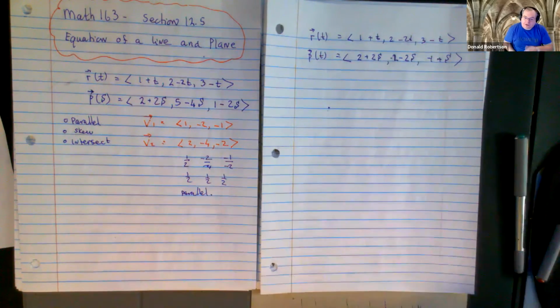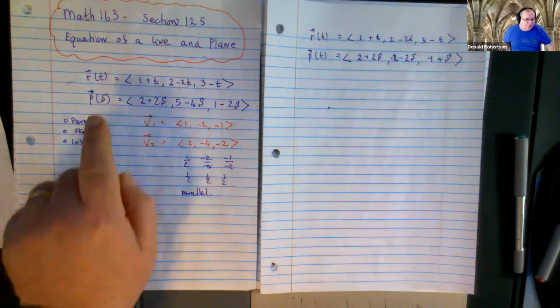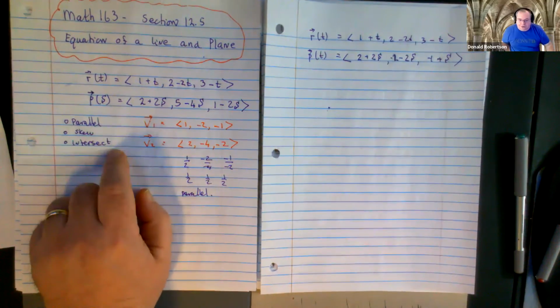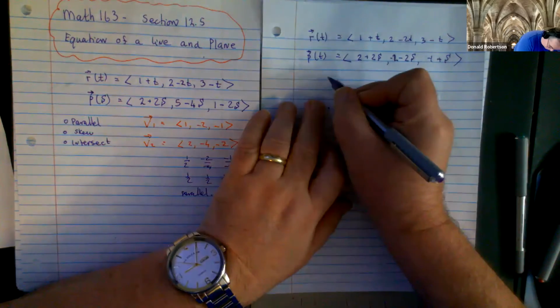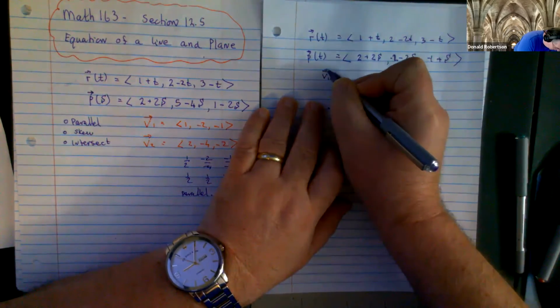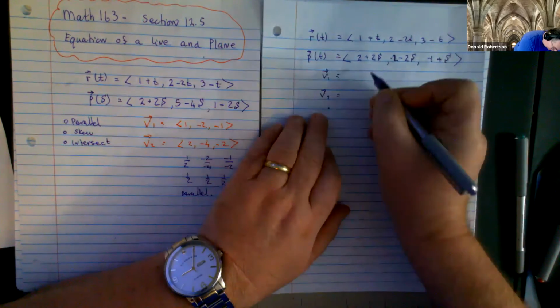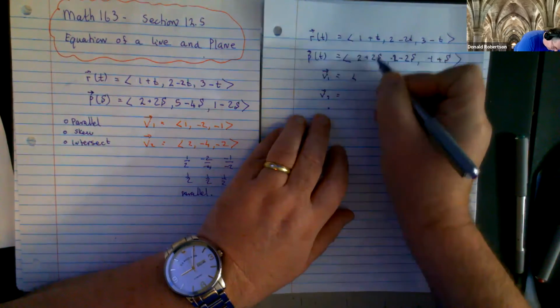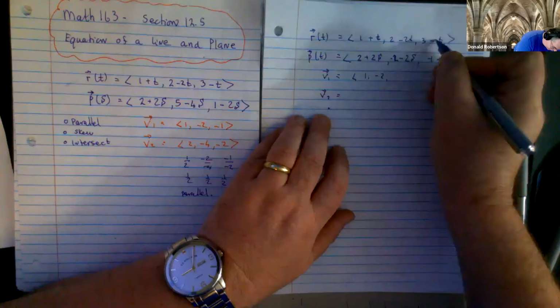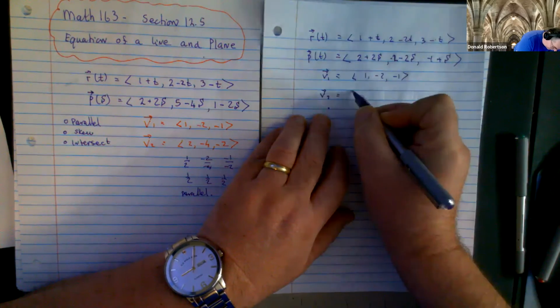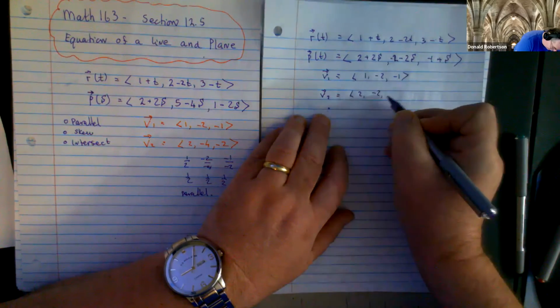So we've got two straight lines, and we're checking: are they parallel, skew, or do they intersect? I know this is going to happen, but I'm going to test it anyway. The first thing you should always do is check to see if they're parallel. So this is (1, -2, -1), and this one is (2, -2, 1).